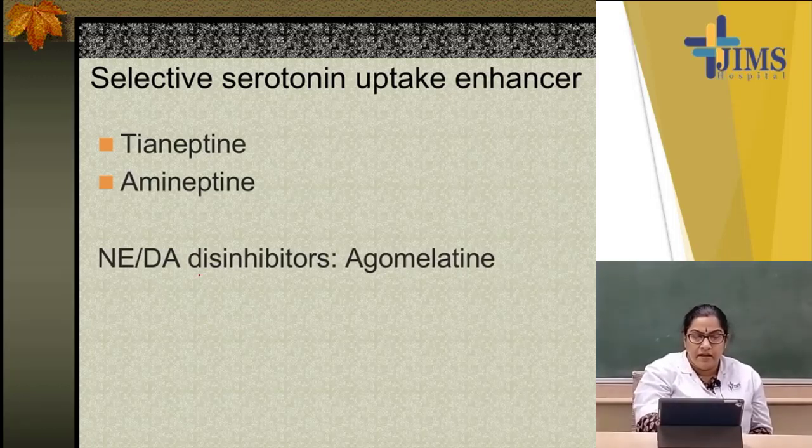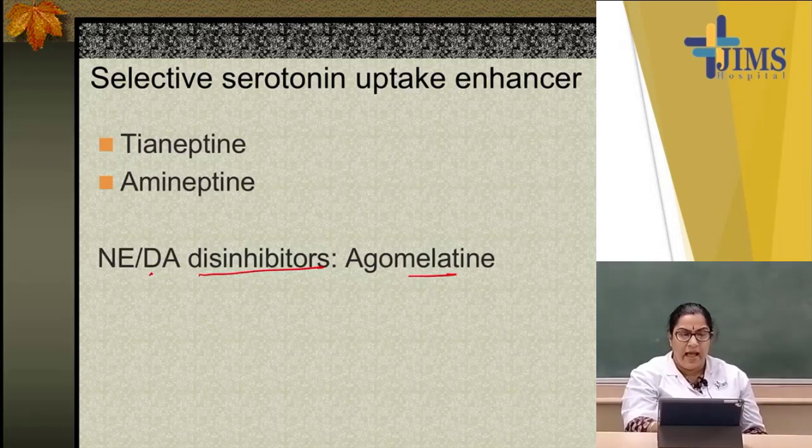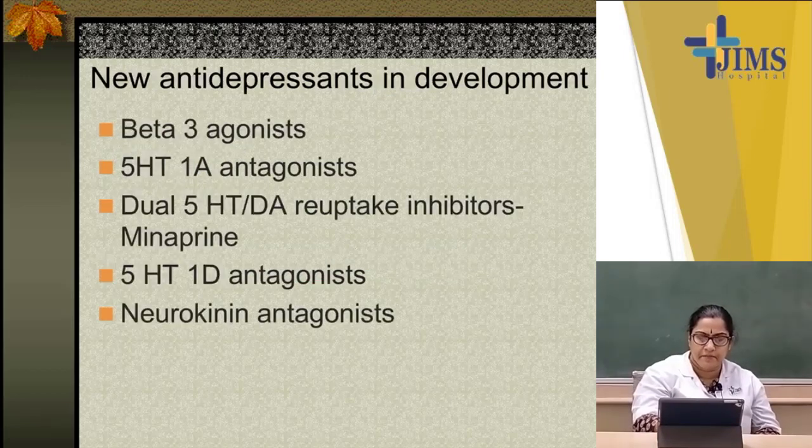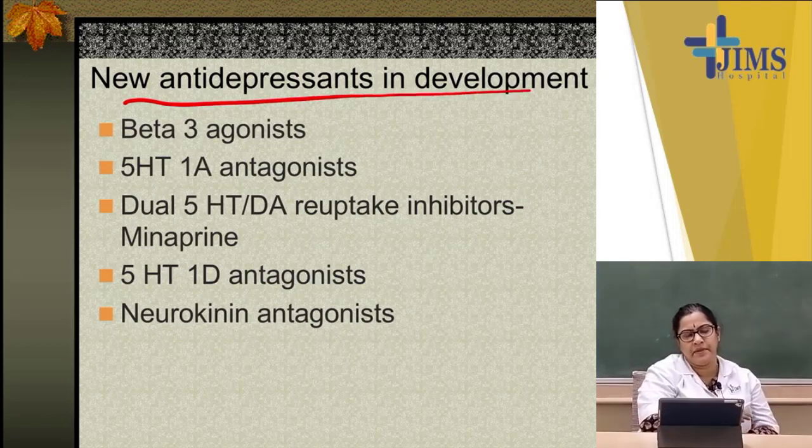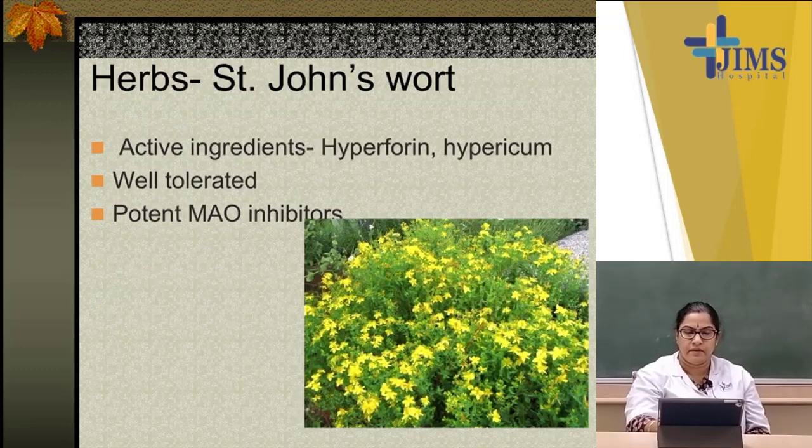Norepinephrine dopamine disinhibitor is agomelatine. So new antidepressants which are in development now are the beta 3 agonists, 5-hydroxytryptamine 1A antagonists, dual 5-hydroxytryptamine and dopamine reuptake inhibitors like minaprine, 5-hydroxytryptamine 1D antagonists and neurokinin antagonists.